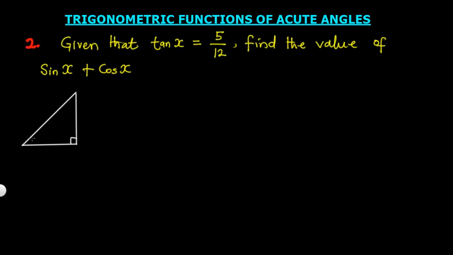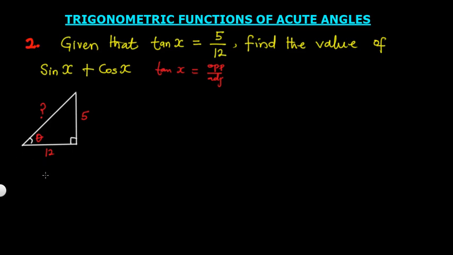Recall that if this part is our angle theta, then the opposite is this, the adjacent is this, and the hypotenuse is this. Since tan of any angle, let's say tan x, is equal to opposite over adjacent, that means the opposite here is 5 and the adjacent is 12. We are interested in the hypotenuse because we are going to need the hypotenuse for sine x and cos x.